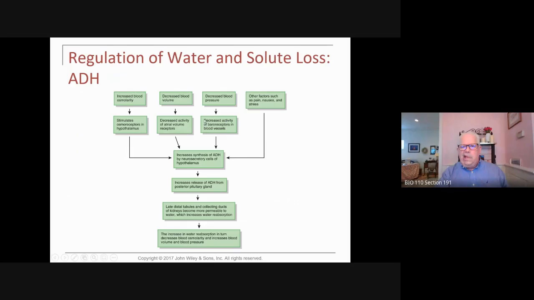It decreases the activity of the baroreceptors in your carotid artery and in your aortic sinus. All of these functions increase the synthesis of ADH, which is made in the hypothalamus and stored in the posterior pituitary. It stimulates the release of ADH from the posterior pituitary.